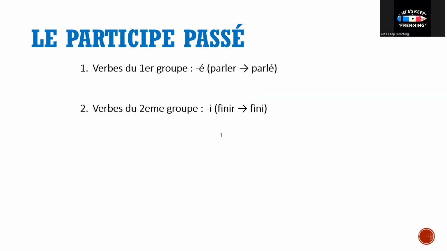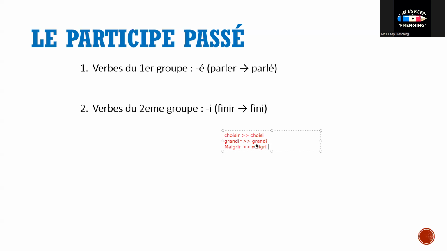For example, le verbe choisir. So, le participe passé will be choisi. Le verbe grandir, le participe passé will be grandi. Le verbe maigrir, le participe passé will be maigri. And you continue with this logic.